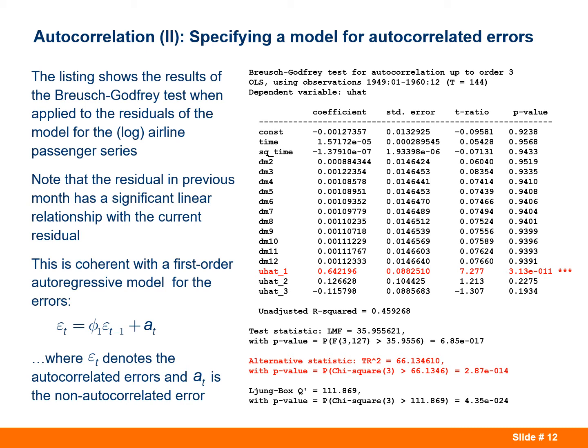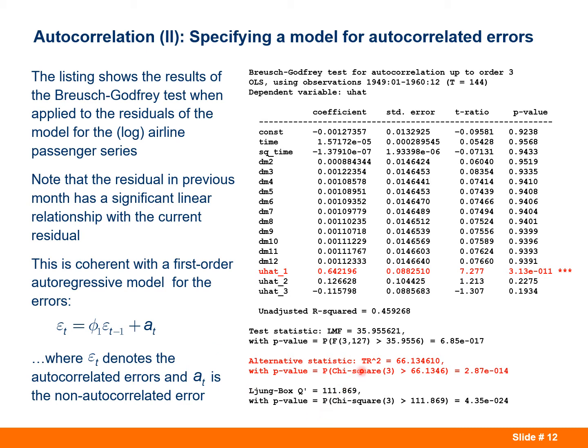Now I am showing you the results of a regression of U hat against these same variables and 3 lags of U hat: sub 1, sub 2, and sub 3. As you see, only the first lag of the residuals is significant. So we can say that U hat minus 1 is correlated or linearly related with U hat at time t.